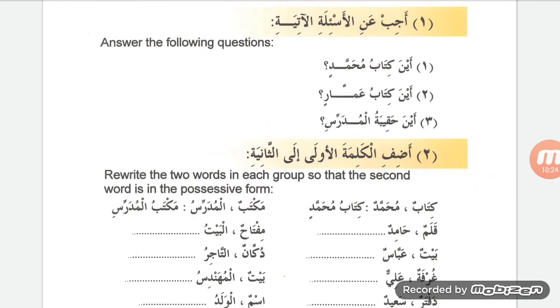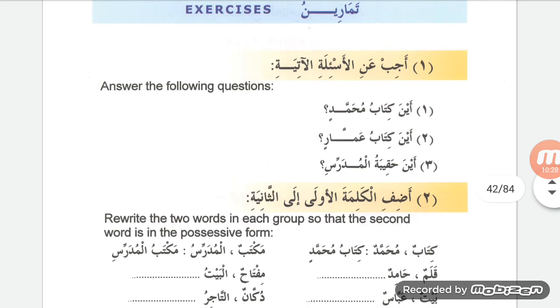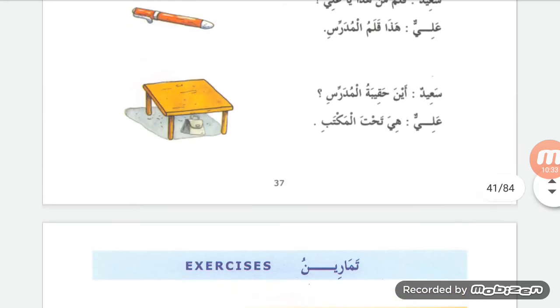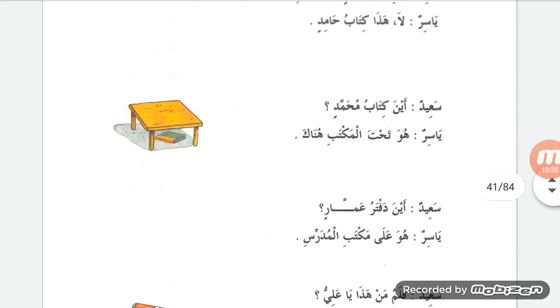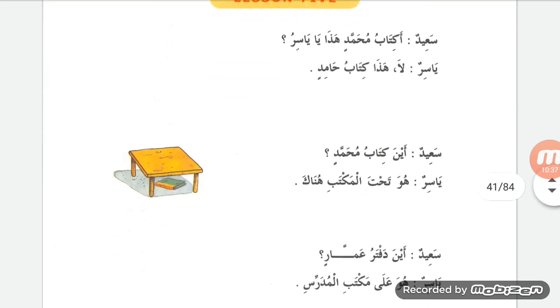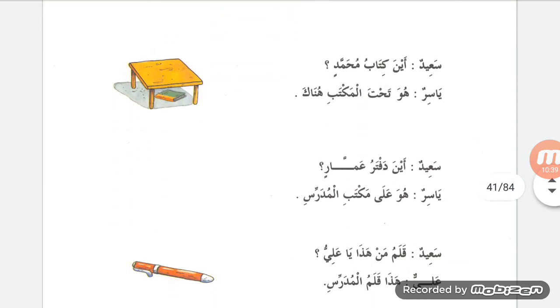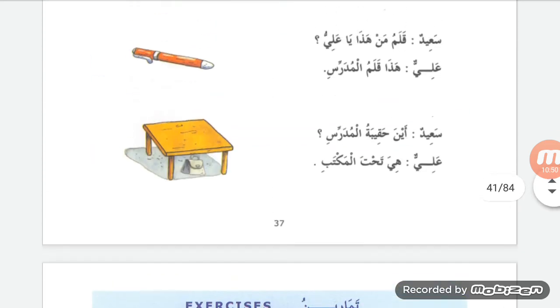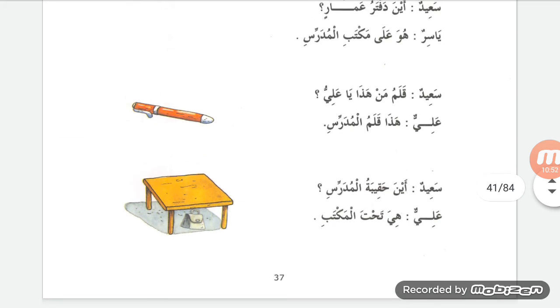Aina kitabu Ammarin, where is the book of Ammar? So let's answer these three questions. Aina kitabu Muhammadin, let's have a look. Huwa tahta al-maktabi. So you can say Huwa tahta al-maktabi, it is under the desk.